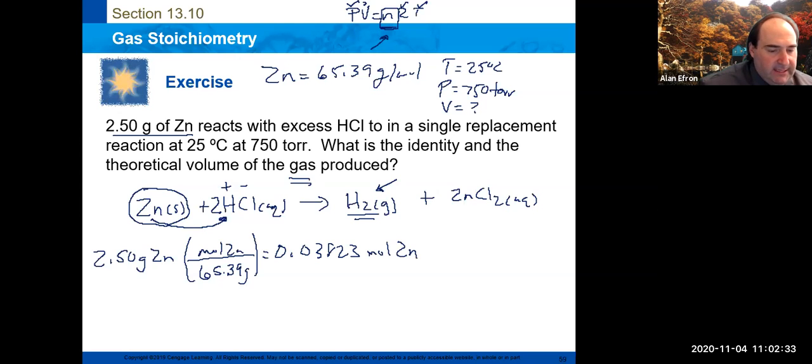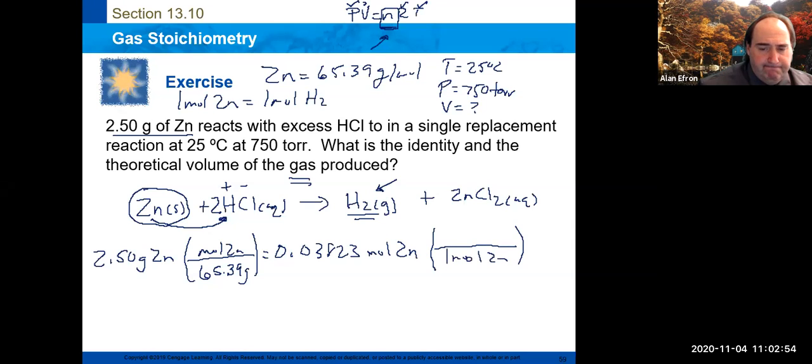Now that we have the zinc, we want to go from zinc to H2, because that's the gas we're interested in. From the equation here, not too bad: 1 mole of zinc gives us 1 mole of H2. So that makes the math not too bad. We're going to have 1 mole of zinc to 1 mole of H2.